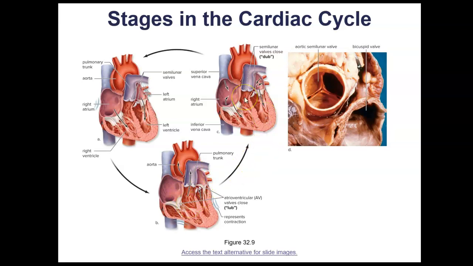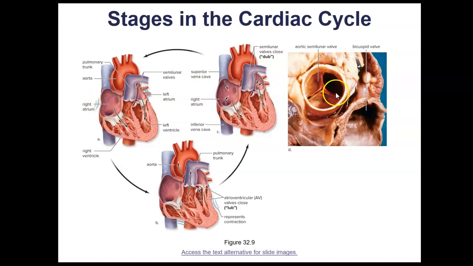And then what you have in C is the closing of the semilunar valves, and you'll hear that dup. The lub is the closing of the AV valves, and then the dub is the closing of the semilunar valves. And after that, you're going to have the filling stage, or the diastole, where the heart chambers begin filling with blood.